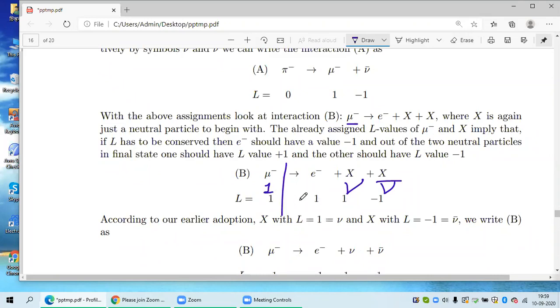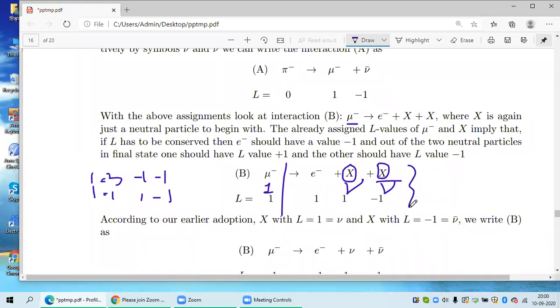So instead of 1, 3, -1, -1, this can also be a choice: 1, 1, 1, -1, because this will also be conserved. Only thing is that in that case, we have to test later experimentally that these two are really physically different particles. Okay. Clear?